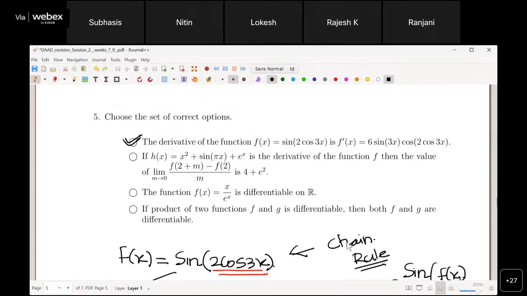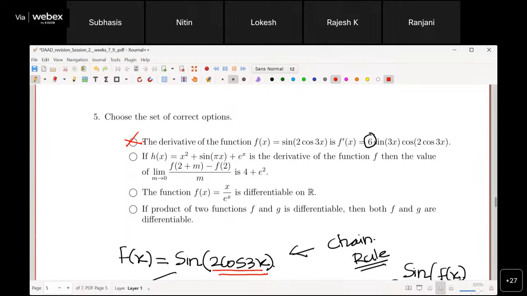As you can see, you have a minus sign missing here, so this option number 1 is incorrect. Is there any doubt about option number 1?